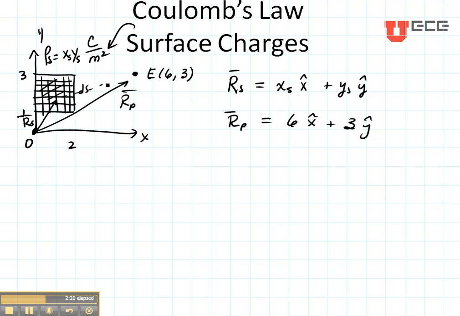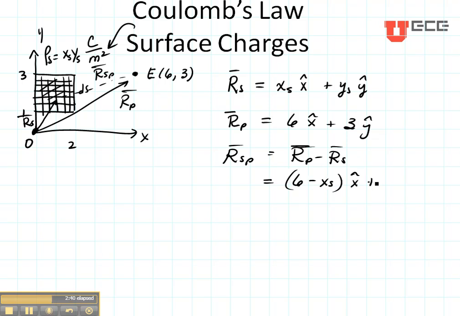And then this vector rsp, which goes from the source to the point, rsp is going to be rp minus rs, and that is going to be equal to 6 minus xs in the x direction plus 3 minus ys in the y direction.